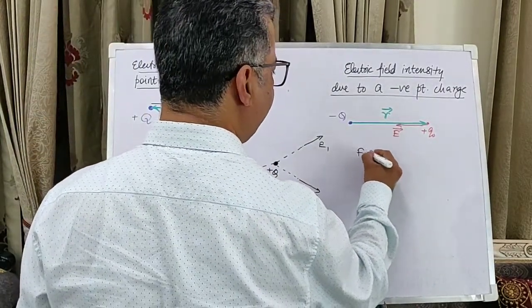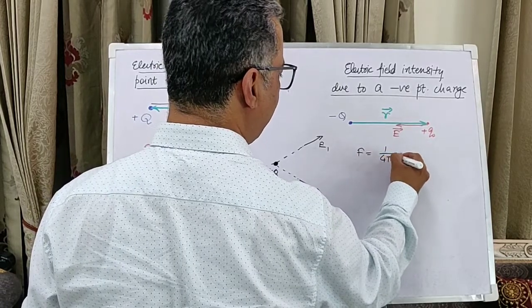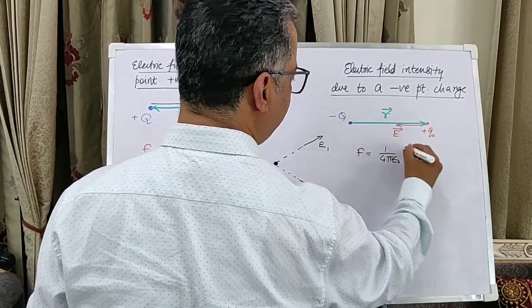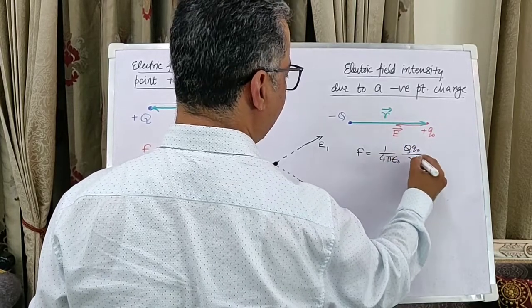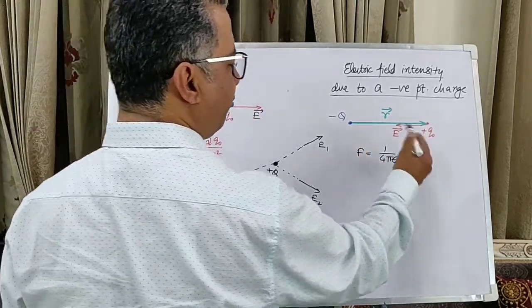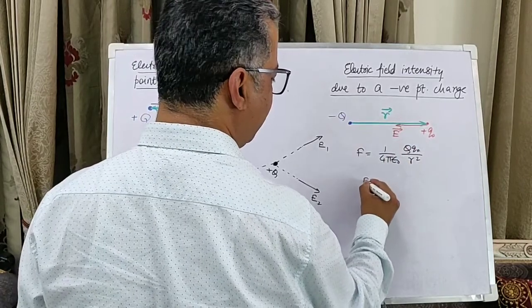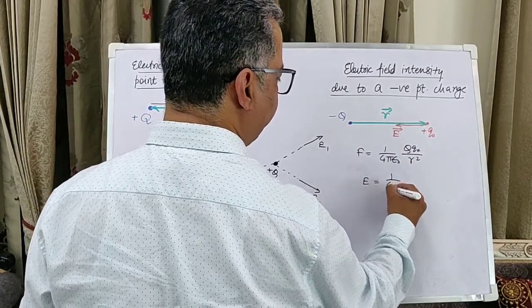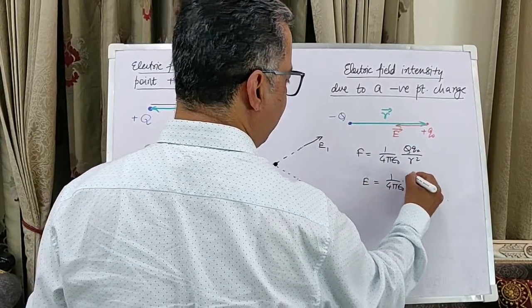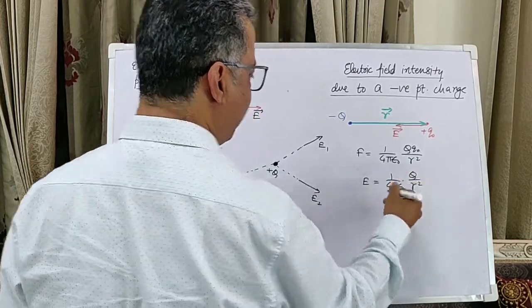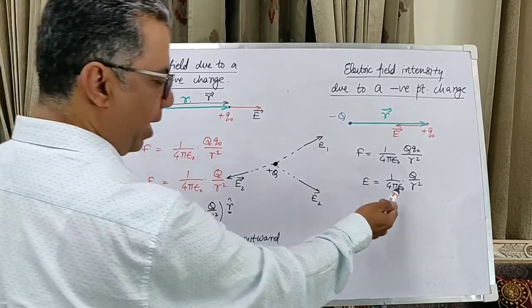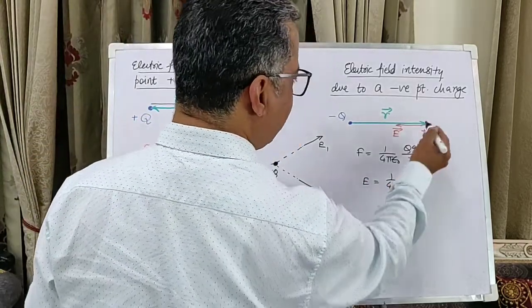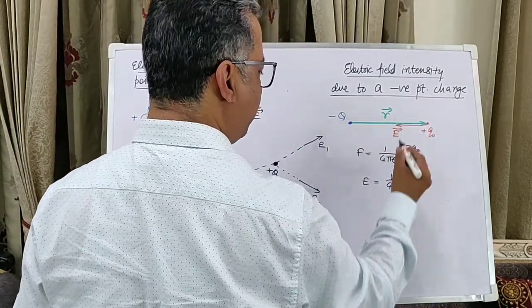The force will be 1 by 4 pi epsilon naught Q times Q naught by R square. That's the force, and if you divide the force by Q naught, you get the magnitude of field, and you will notice that the expression for the magnitude of the field is still the same. That hasn't changed. What does change is the direction.